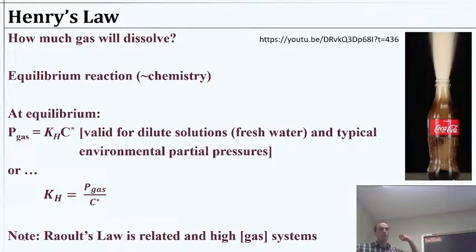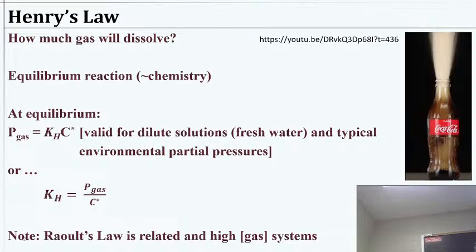Pressure equals the Henry's law constant times the concentration in the water is a typical one for dilute systems. Well, Henry's law is for dilute systems, but that's a typical framing of it. But you could also put the pressure of the gas over the concentration in the water, define your Henry's law constant that way, and a few other configurations of how you might set it up, what your units for K are.